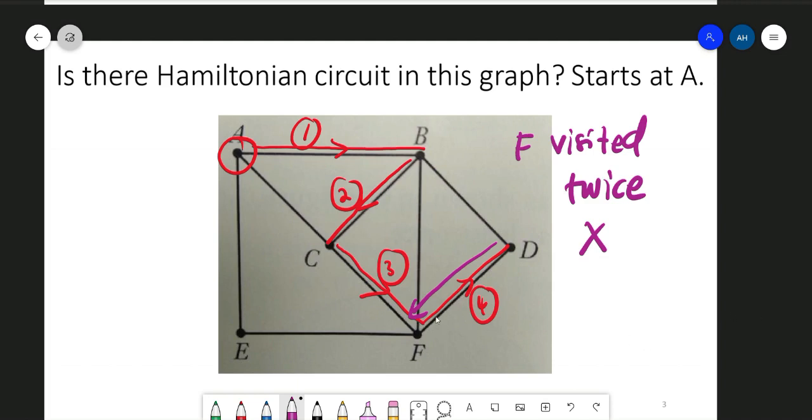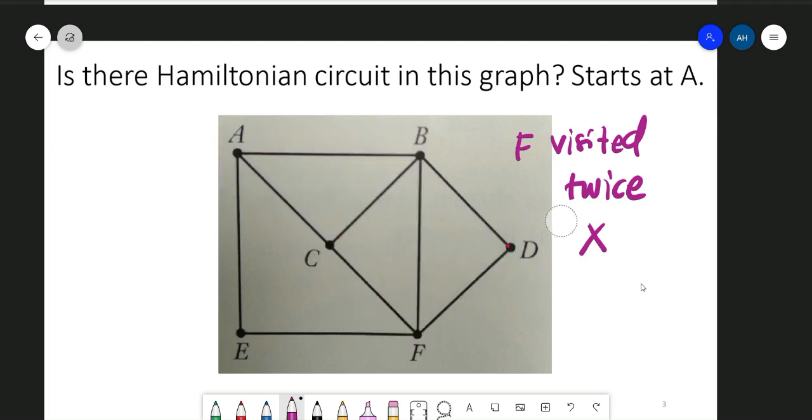In this case, we already passed vertex F two times. Therefore, we fail to get a Hamiltonian circuit if we follow this way. So maybe we can try another route, one more time. Maybe this time we'll find a Hamiltonian circuit in this graph.